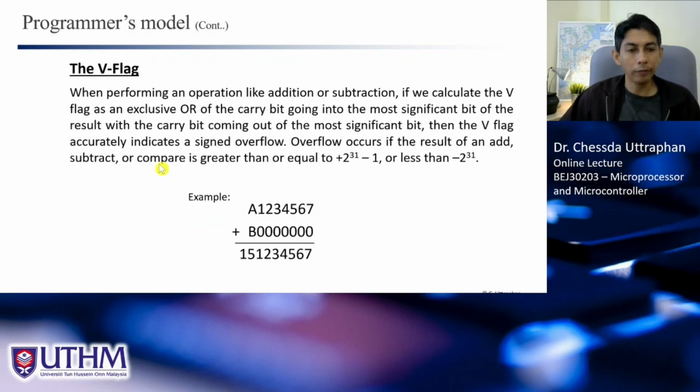So N is now set to 1. Right? The V flag is overflow. For example, we add these numbers together and we get a result like this. So we see here, is this a positive or negative number in 32-bit? Anyone can answer this? Is this positive or negative?